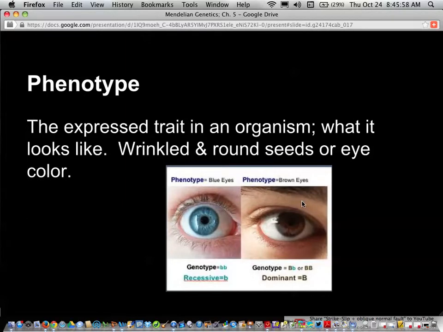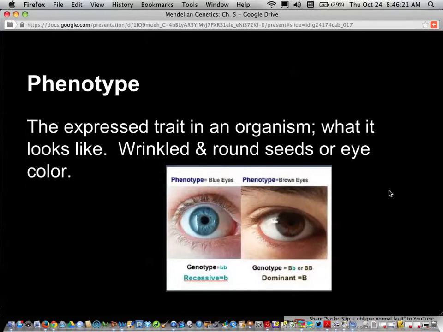Phenotype. Phenotype is a word that I've used already. And phenotype refers to the expressed trait in an organism, or what it looks like. It doesn't refer to the genes. It refers to what the genes code for.